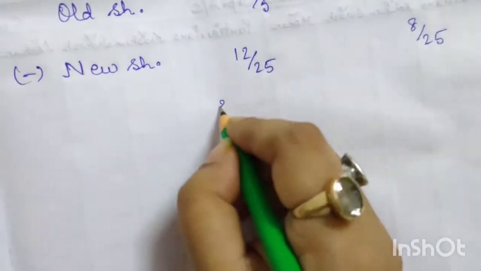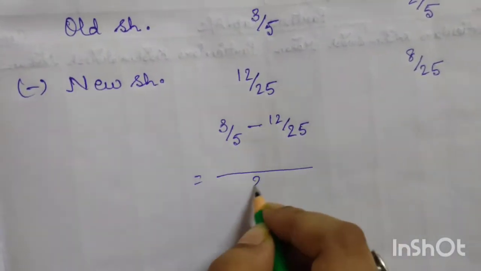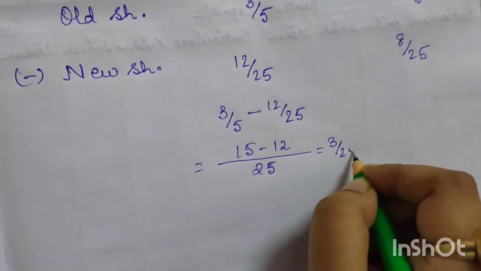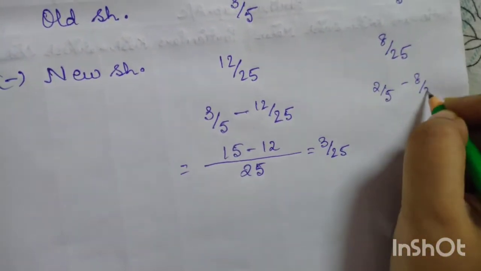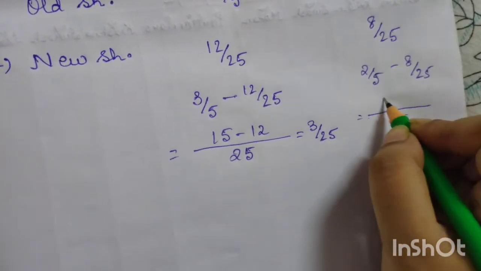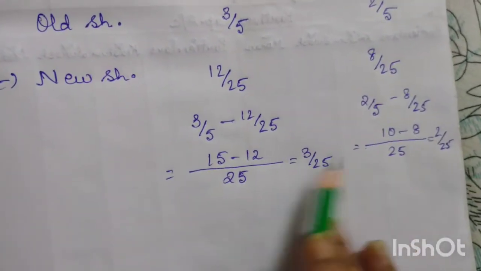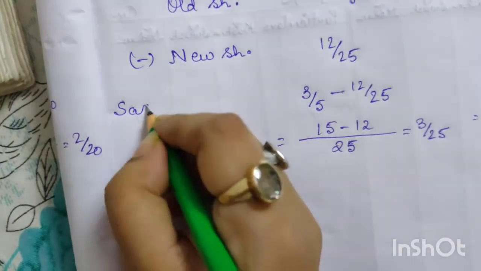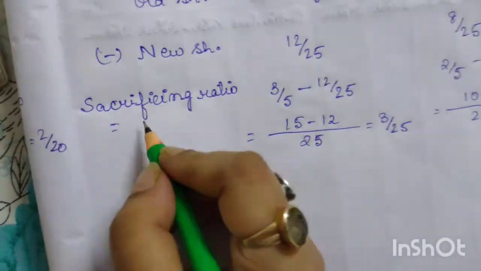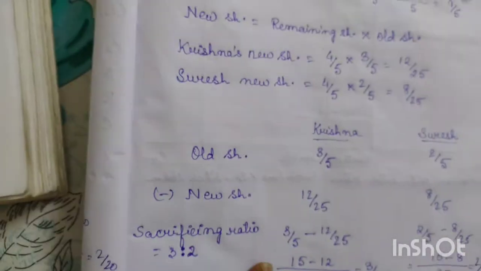Now if we calculate, 3/5 minus 12/25, taking the LCM it will be 25 in the denominator and 15 minus 12, so 3/25. And 2/5 minus 8/25, again 25 in the denominator, and 10 minus 8, that is 2/25. The denominators are the same, so the sacrificing ratio is equal to 3:2. Okay, so here we got the sacrificing ratio.